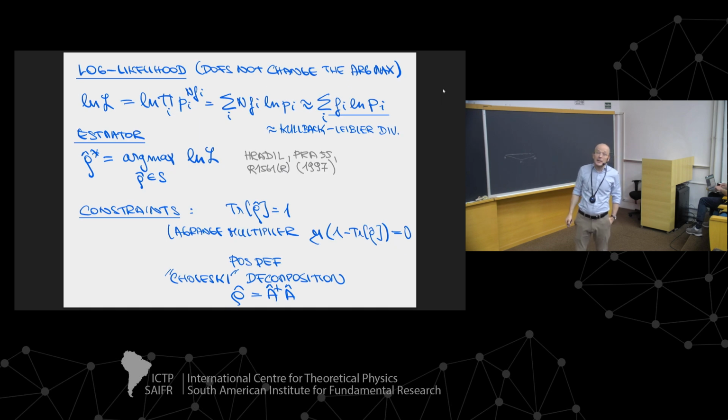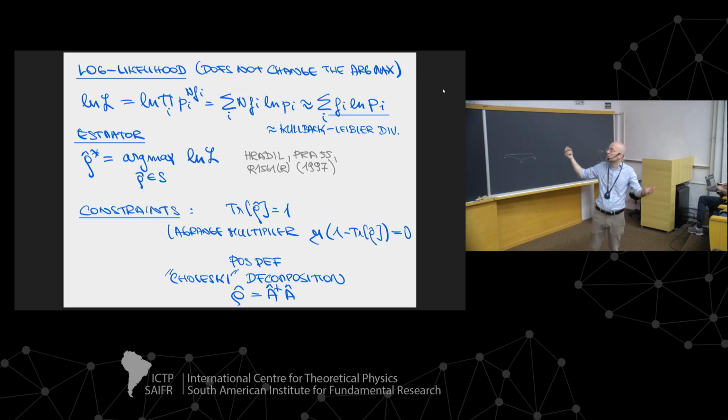And we very often, because we don't want to work with products, much better for us is working with sums. So we take a logarithm of the likelihood. We call it the log likelihood function then. Since the logarithm is a non-decreasing function, the position of the maximum doesn't change.